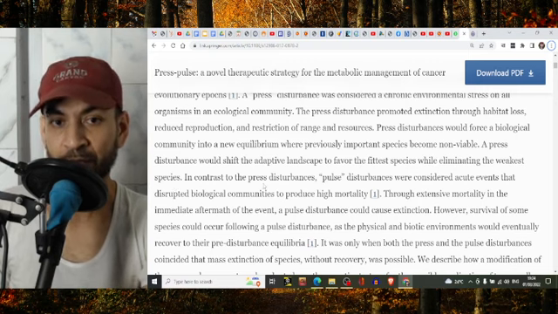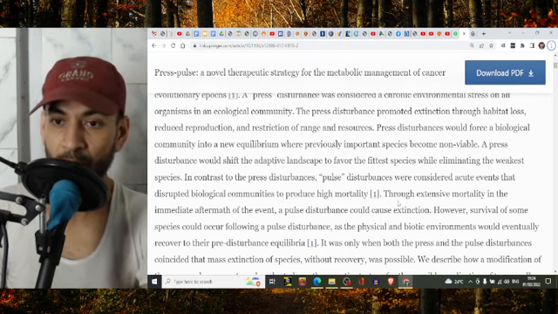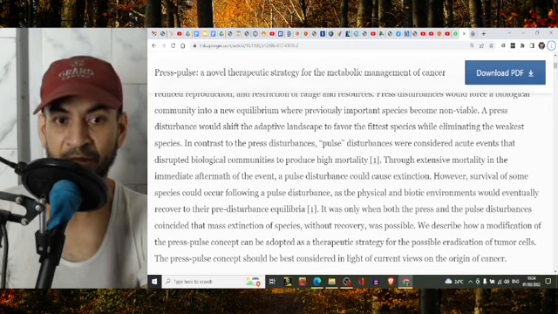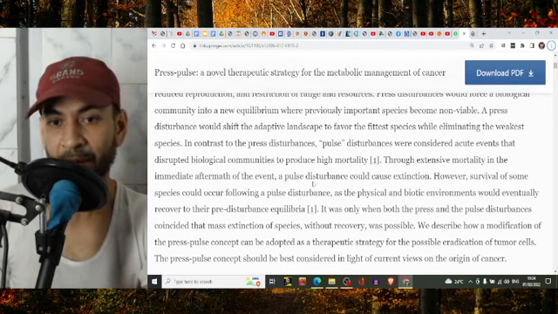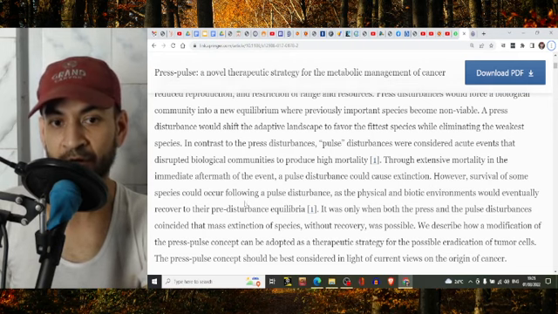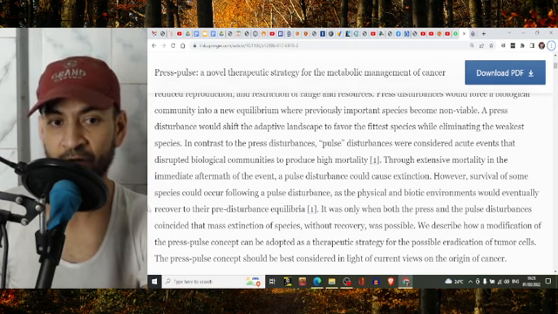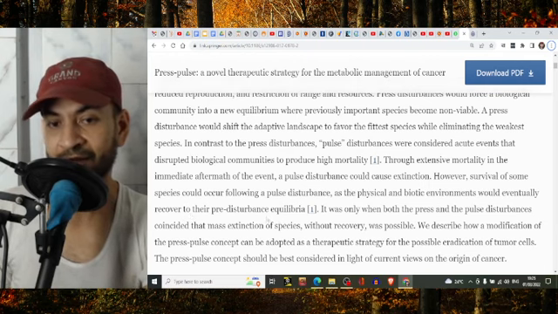In contrast to the press disturbances, pulse disturbances were considered acute events that disrupted biological communities to produce high mortality. Reference 1. Through extensive mortality in the immediate aftermath of the event, a pulse disturbance could cause extinction. However, survival of some species could occur following a pulse disturbance as the physical and biotic environments would eventually recover to their pre-disturbance equilibria.